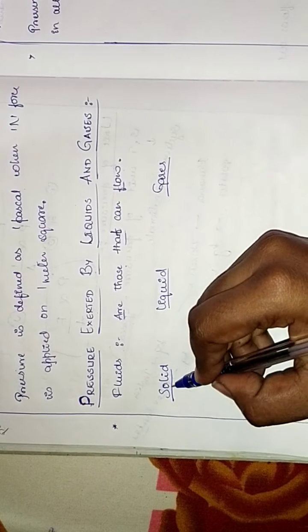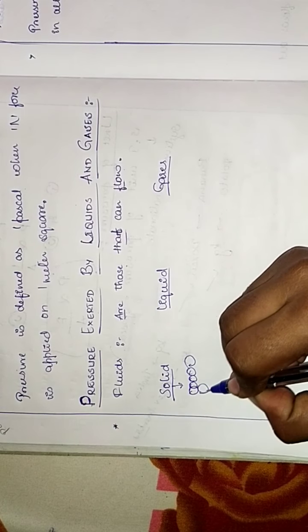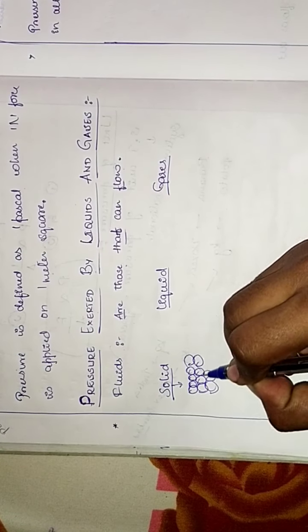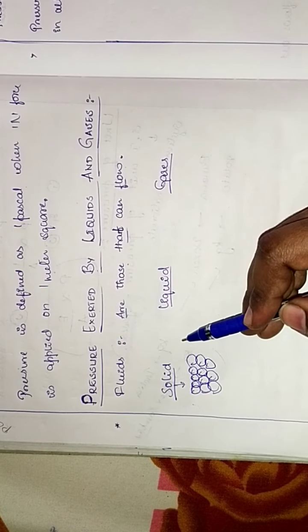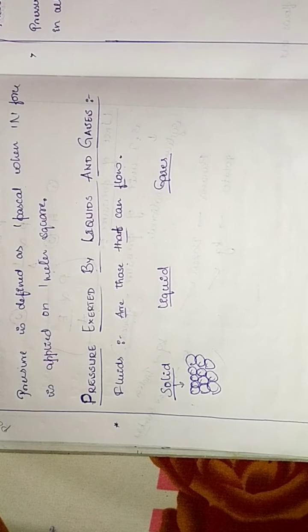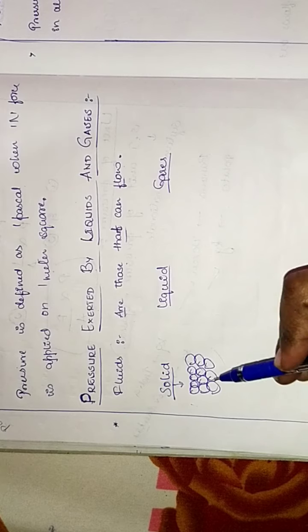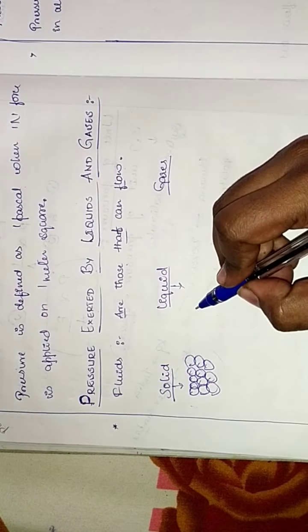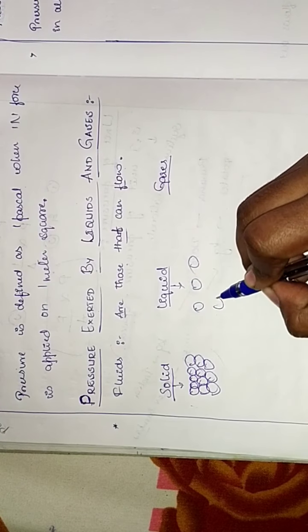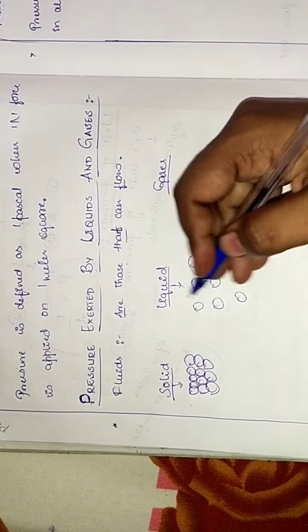So we know that solids are tightly packed. Solid means it is tightly packed, where it cannot flow. Solids cannot flow. In exceptional cases like mercury, it flows. Those are exceptional cases, but here we are talking about the main region of solid. So it is tightly packed. Whereas when it comes to liquid, the particles will be a little far away, where they can flow.